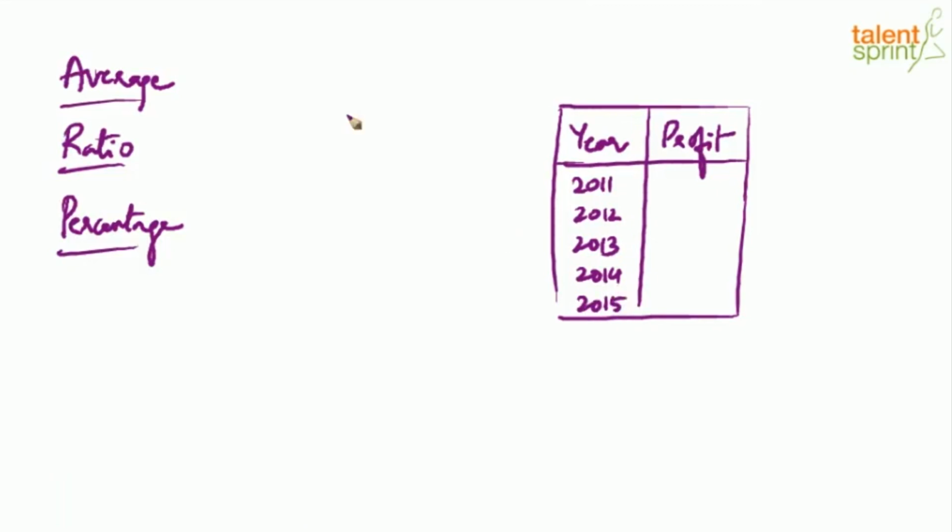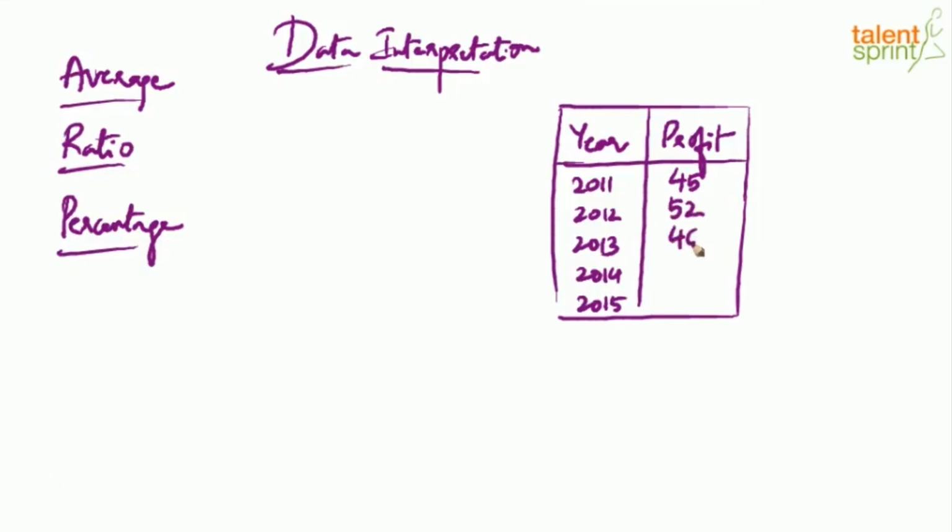We are trying to understand the different types of questions that can be asked under data interpretation. So let us take some values, for example 45 crores, then 52 crores, 46 crores, 72 crores, and then let's say 96 crores. All the values are given in crores.